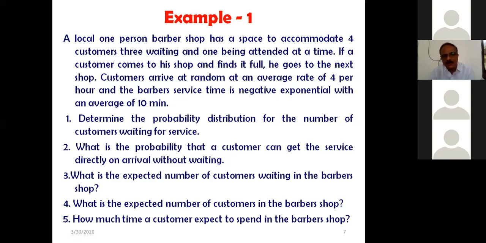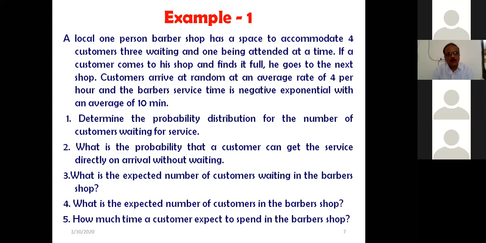Next, once you identify it is a single server problem, the next task is to identify whether it has infinite population or finite population. So the one-person barber has a space to accommodate 4 customers. Here it is clearly mentioned 4 customers. The system can accommodate 4 customers. The meaning is that it is a finite queue length or finite population model.